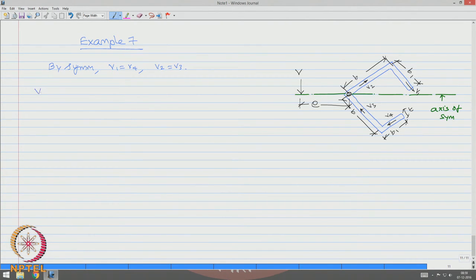I want to find V1, I will take a section, let us say this is my section what I am cutting and this distance from here is Z, okay, and this thickness is dz.